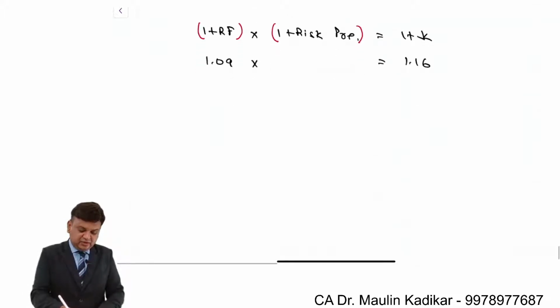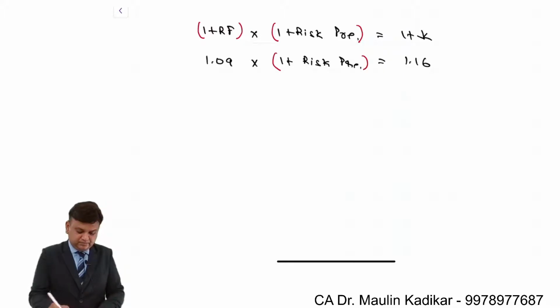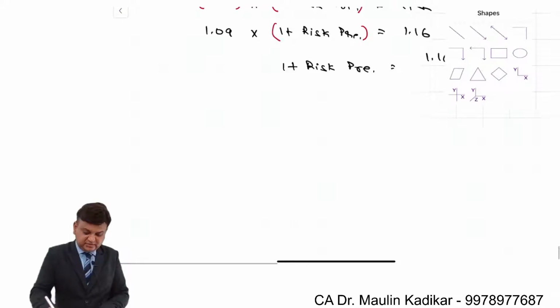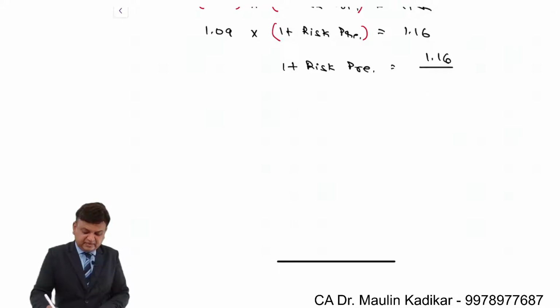So it will be calculated over here as a balancing figure. Now we understand it like this: 1 + risk premium is equal to 1.16 divided by 1.09.